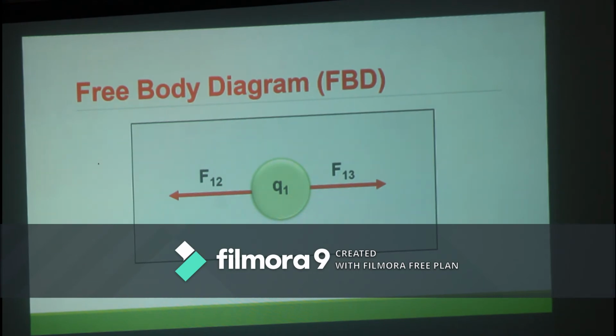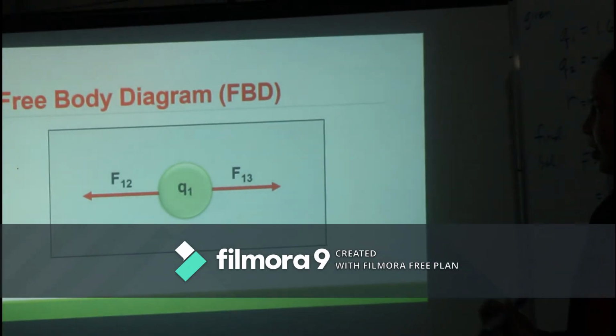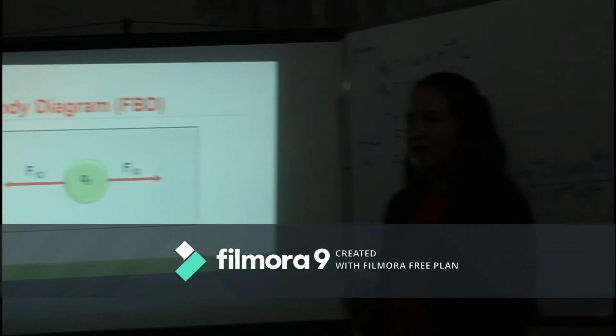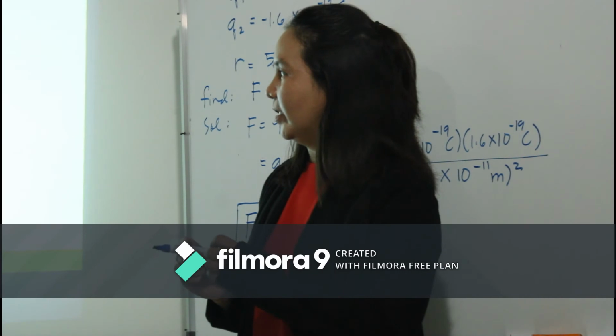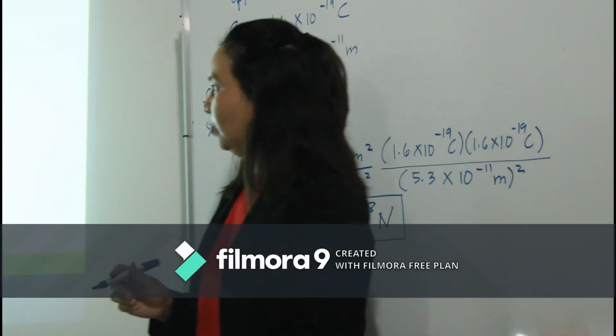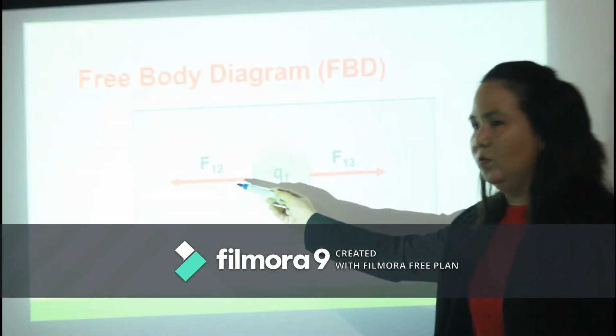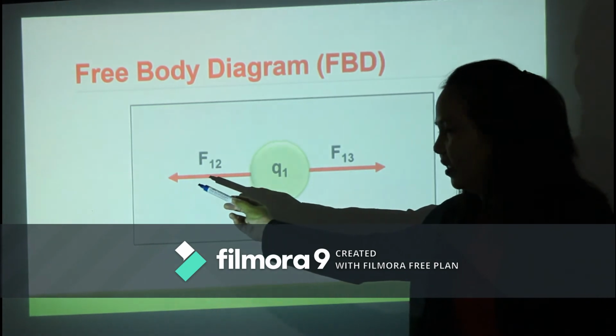Our free body diagram looks like this. Now, since charge number 1 and charge number 2 have opposite signs, they attract one another, then the force exerted on Q sub 1 by Q sub 2 is F sub 1 2, and it points to the left.